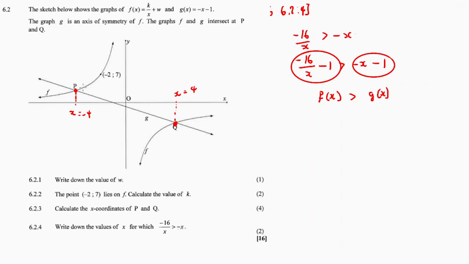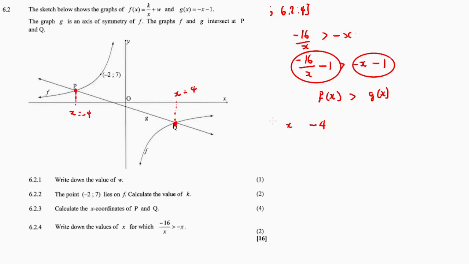Here f is above, and here is g. From point p, going to the right, I can see that the graph of f is above, and the one of g is below, until it reaches the y-axis. f continues upward while g stays below. So I want where f is always above g. It's from minus 4 to x.